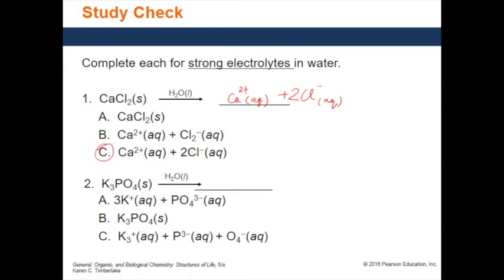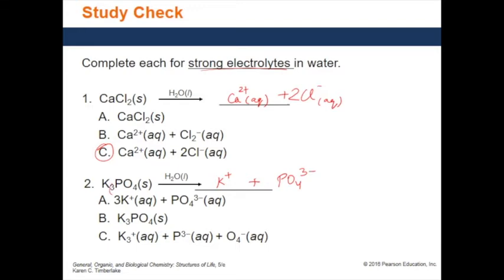Next we have K3PO4. Again, it's a strong electrolyte, so you don't have to think too much. The straight answer is that it is going to dissociate into ions. What ions does this have? It has potassium ion, and it consists of PO4, a polyatomic ion, so PO4 3 minus is the phosphate ion. How many potassium?